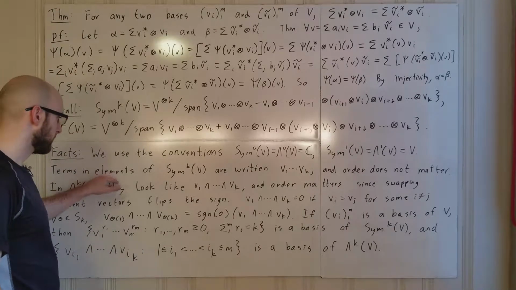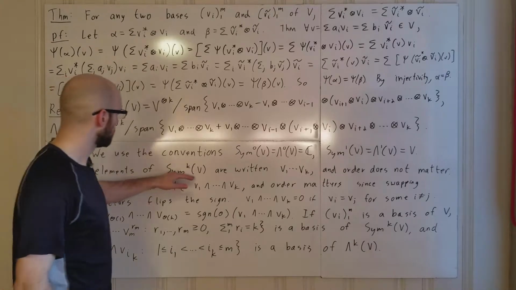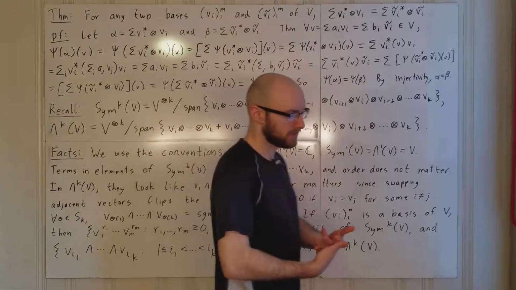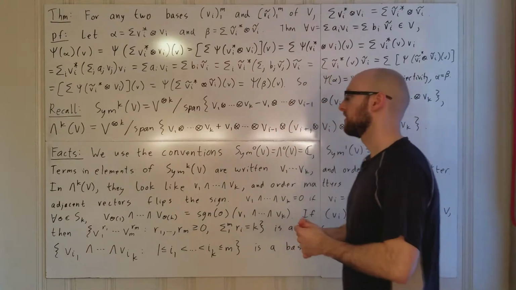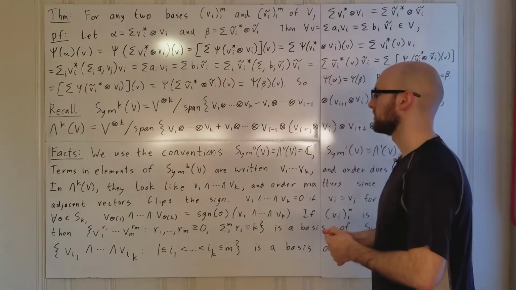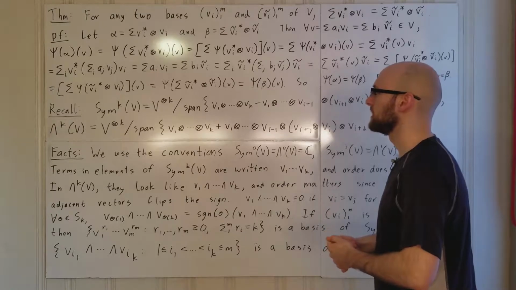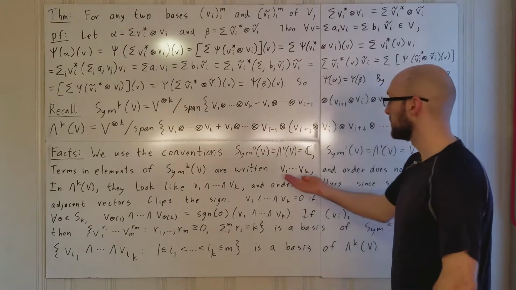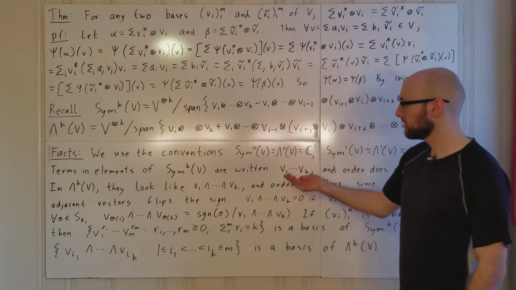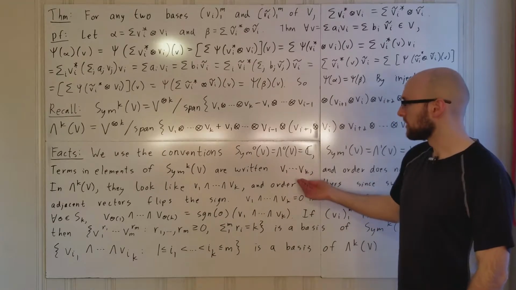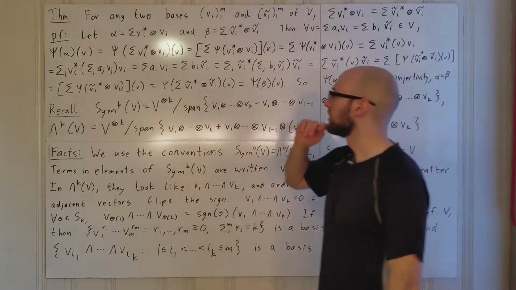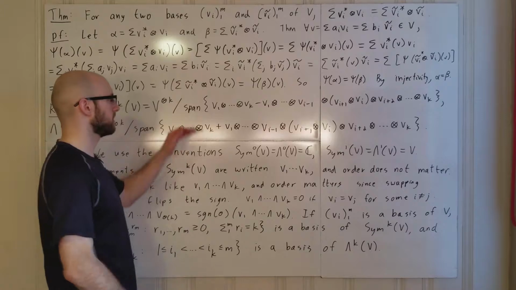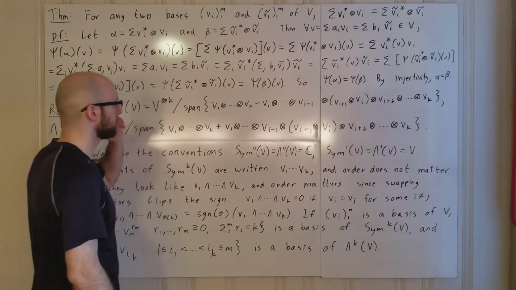Anyway, like I discussed earlier, if you have an element of Sym^k V, its elements are going to be linear combinations of elements of this form. When I say the span, I mean just C-linear combinations of these things.